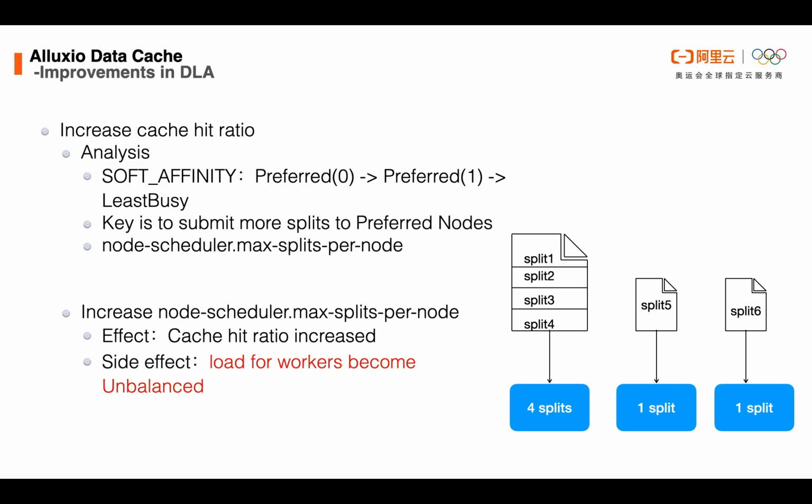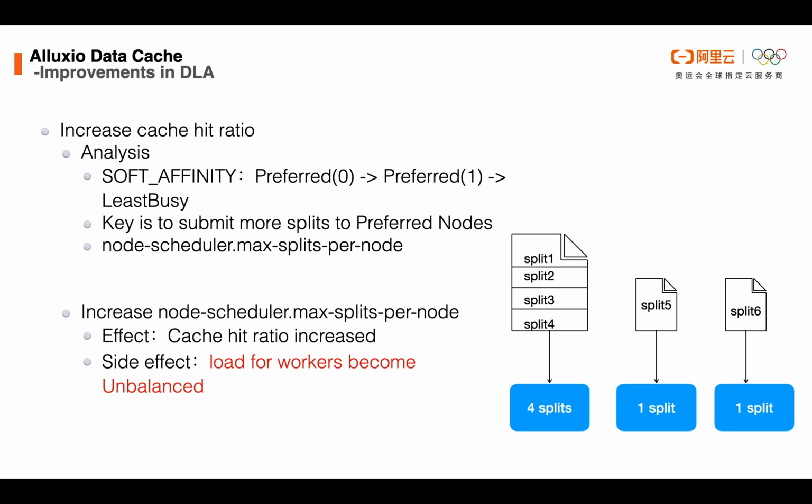In Presto, there is a configuration, the max splits per node. We tried increasing the configuration and found that the cache hit ratio increased, but at the same time the load for workers became unbalanced.